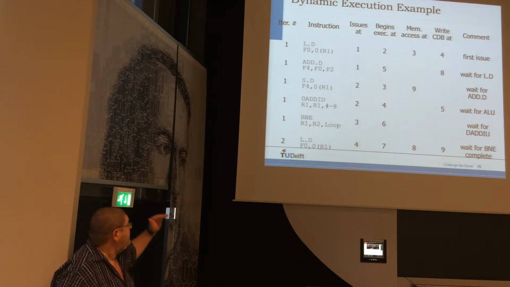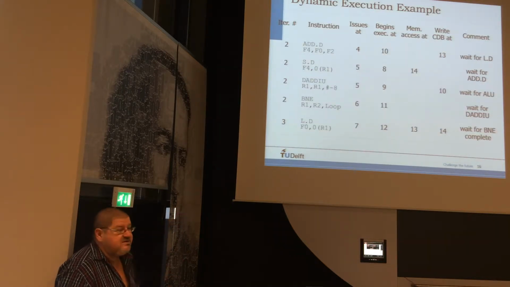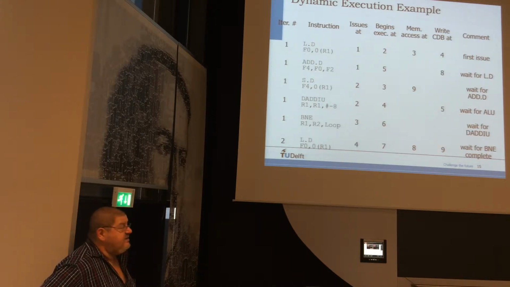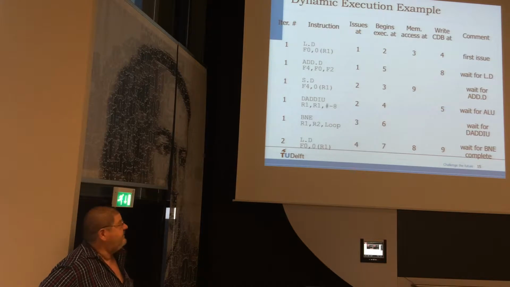Okay. Now, I can look in this table, and you can see how things are done. Then I see that there are different things which are precluding me from doing things faster. Like this one, waiting for the ALU. If I had a different ALU, two of them, I could do things faster.